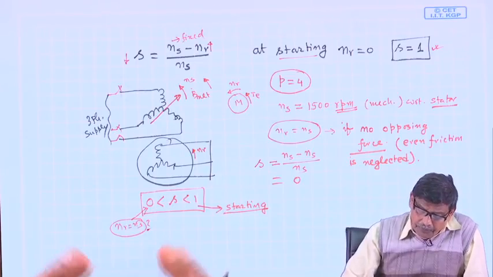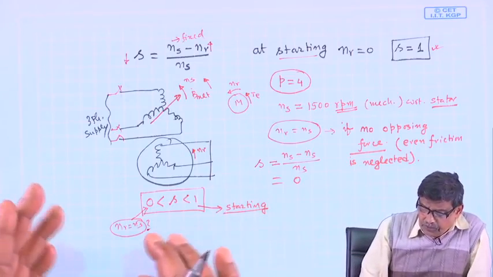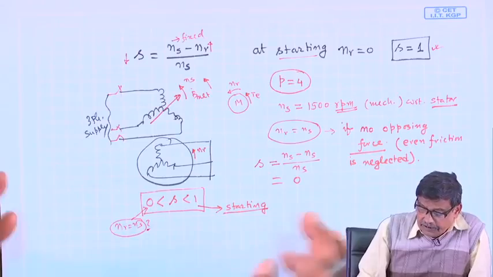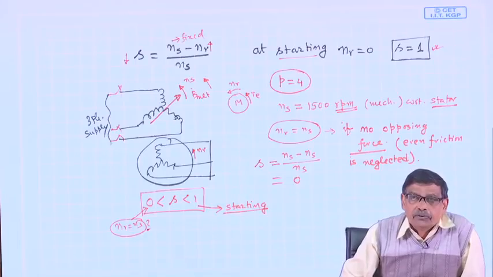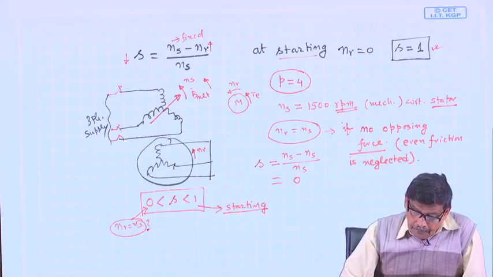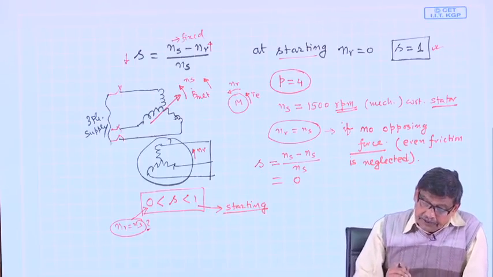But nonetheless, these two values of speed define the range of the value of slip. Clear?